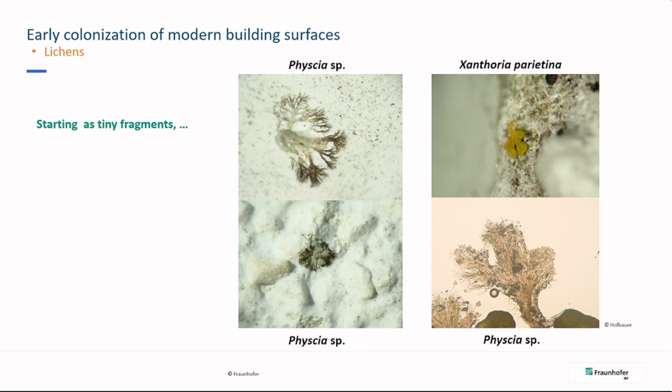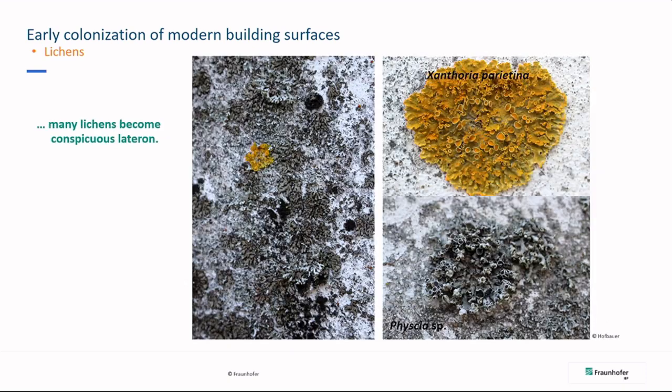This is 2 to 3 millimeters, and here's the beginning thallus of the alga. It's interesting because they have these odd structures with them. They adhere at the surface, and they are really fastened very well. And in the beginning, as you see, they are rather tiny, but of course, later on, they may become more conspicuous.